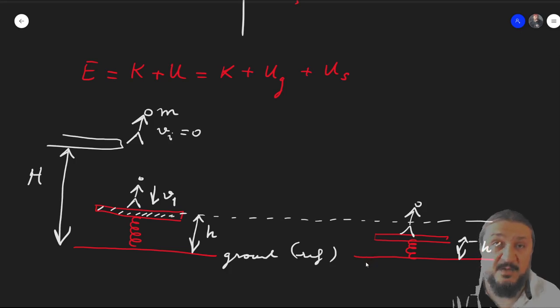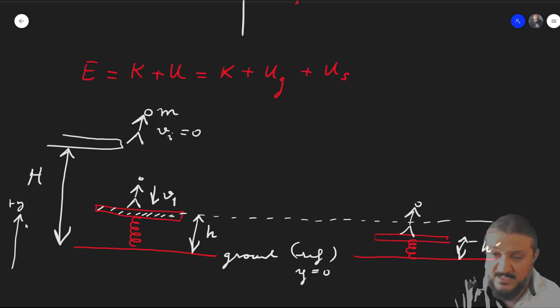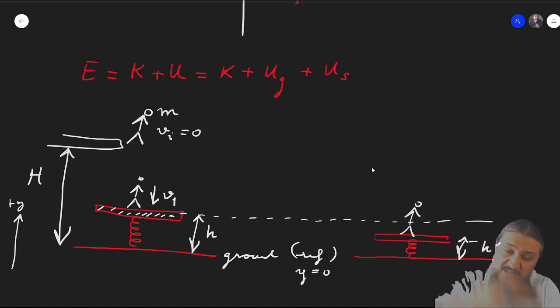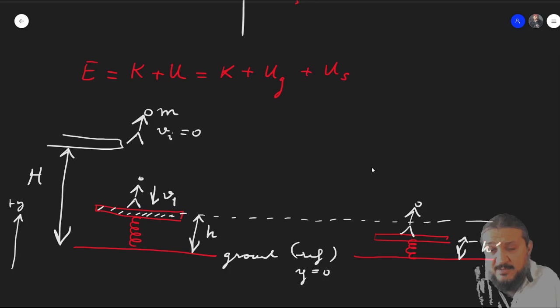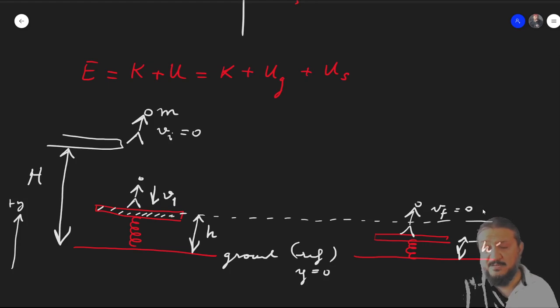In other words, that's my y equals 0 point. If you think of the y coordinates like that, that's y equals 0. As I compress a spring, I start slowing down, right? And at the maximum compression, my speed is 0. So V final is 0 at that point, but now I'm below that dotted line.